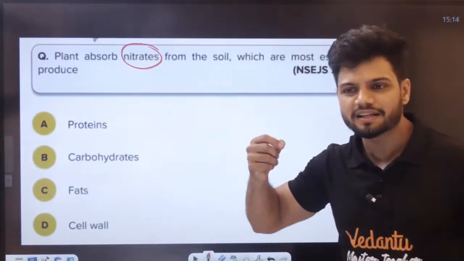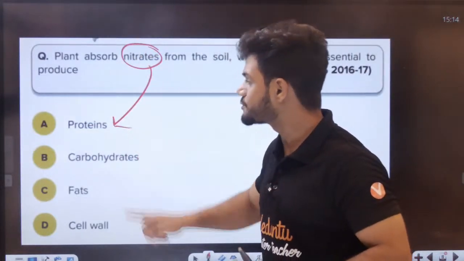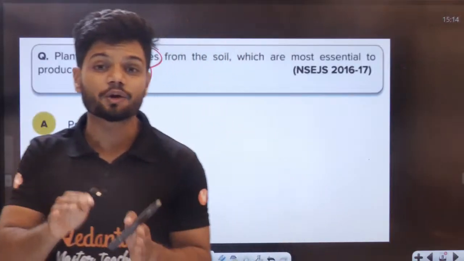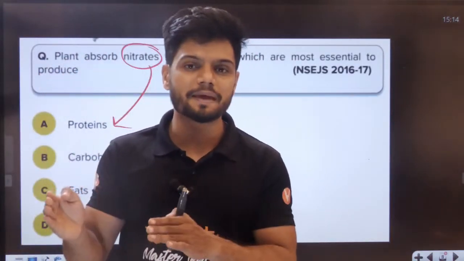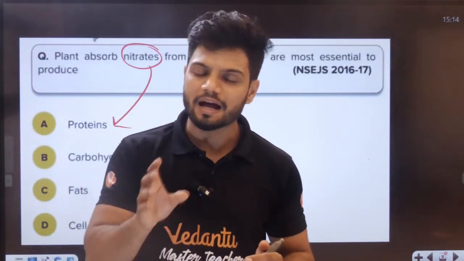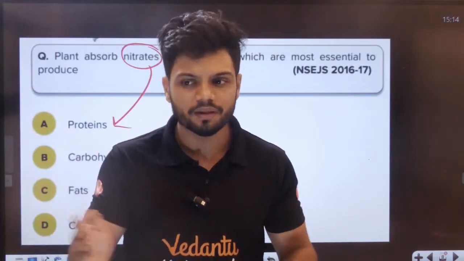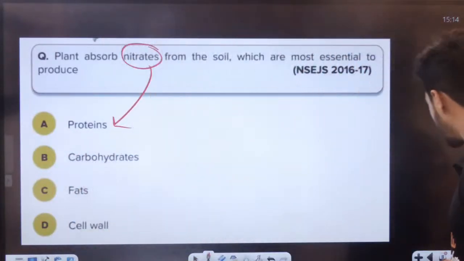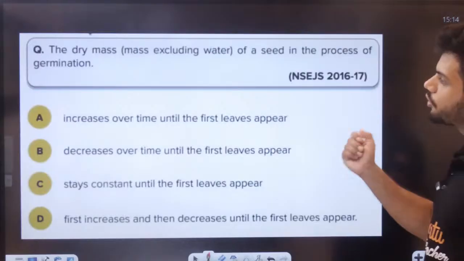And this nitrate is used to produce proteins. Why? Because the nitrogenous base is present in the amino acids, and amino acids will make up the protein. So answer is A.